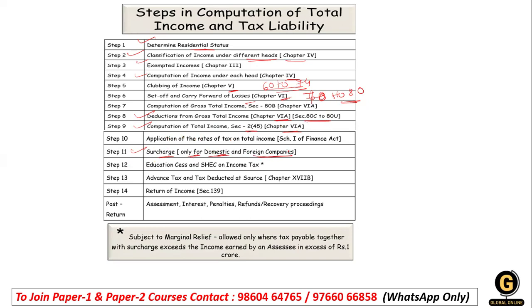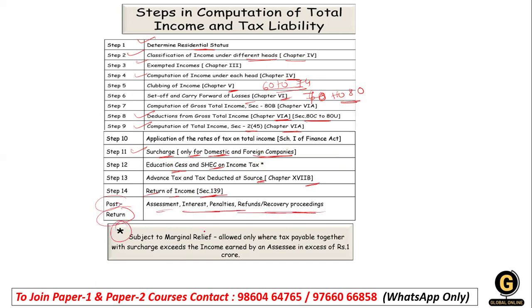The surcharge is applicable only to the domestic and the foreign company. After that, the health and education cess of the income tax will be applied. Then advance tax or tax deducted at source. After that, the return of income, that is section 139. And after the return, the assessment, interest, penalty, refund, recovery, all this procedure.